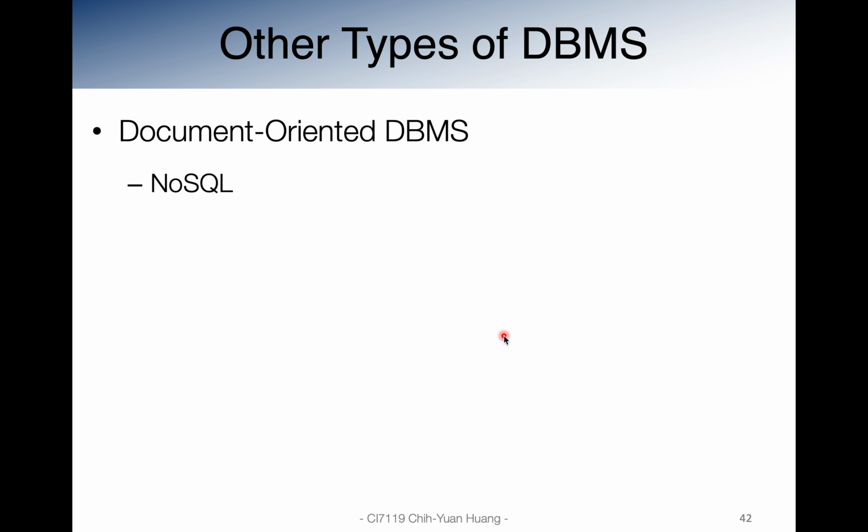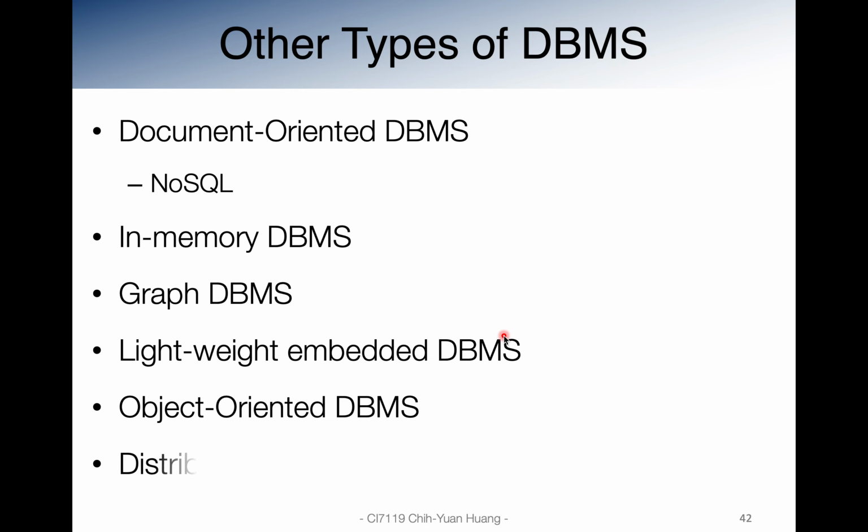So finally, besides the RDBMS, we have other types of DBMS, and I'll just list them out for your information. For example, the document-oriented DBMS. Especially in the big data age, the RDBMS is sometimes not efficient enough to manage large amounts of data.